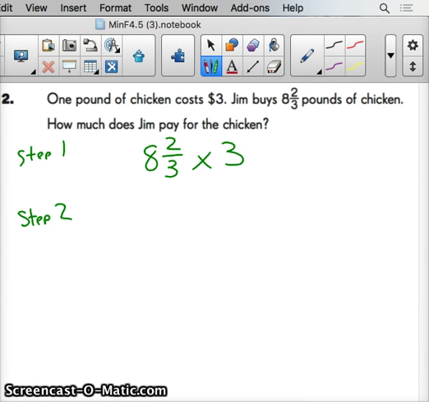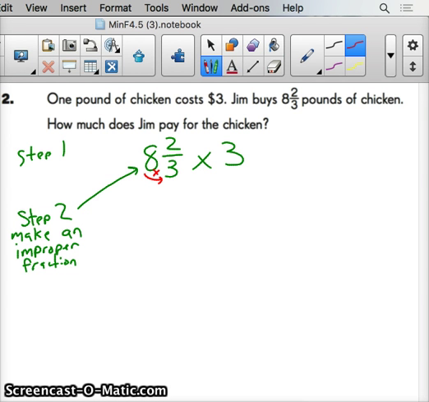Step 2, I'm going to make an improper fraction. All right, I'm going to turn that 8 2/3 into an improper fraction. One of the easiest ways to do it is to think about, well, 8 times 3, that would give me 24/3, which is 8.